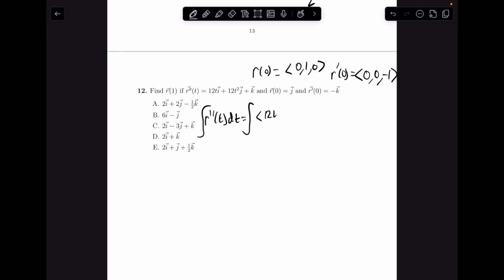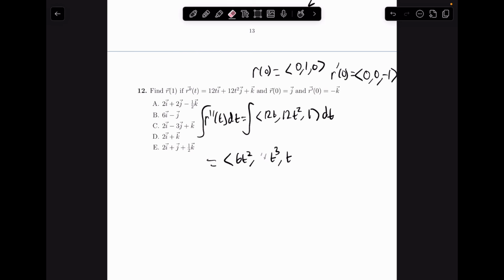So it's going to be 12t, 12t squared, and then 1, all dt. So we just integrate each component, and that's going to be 6t squared, 4t cubed, and just t.